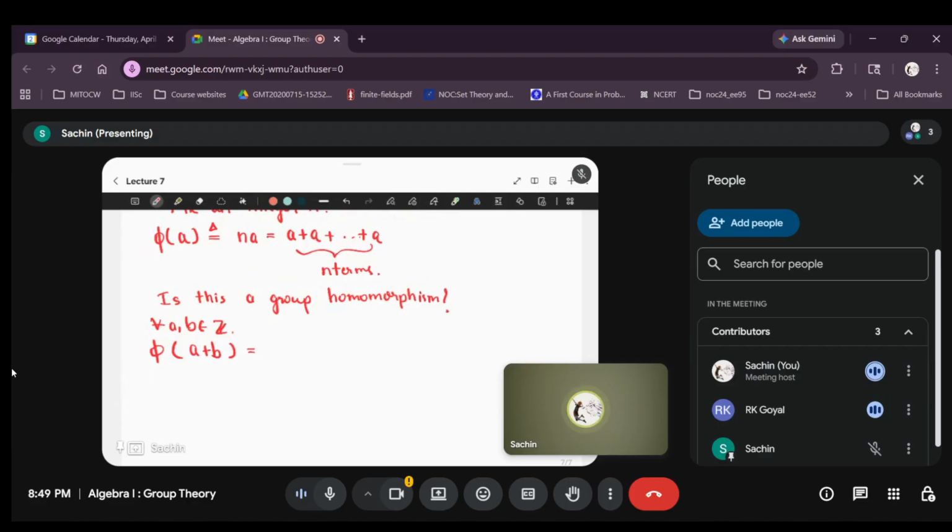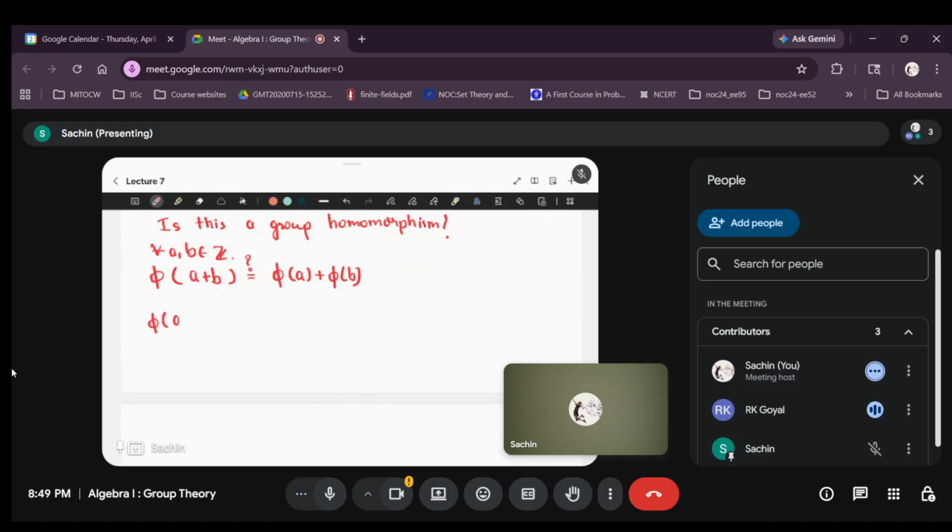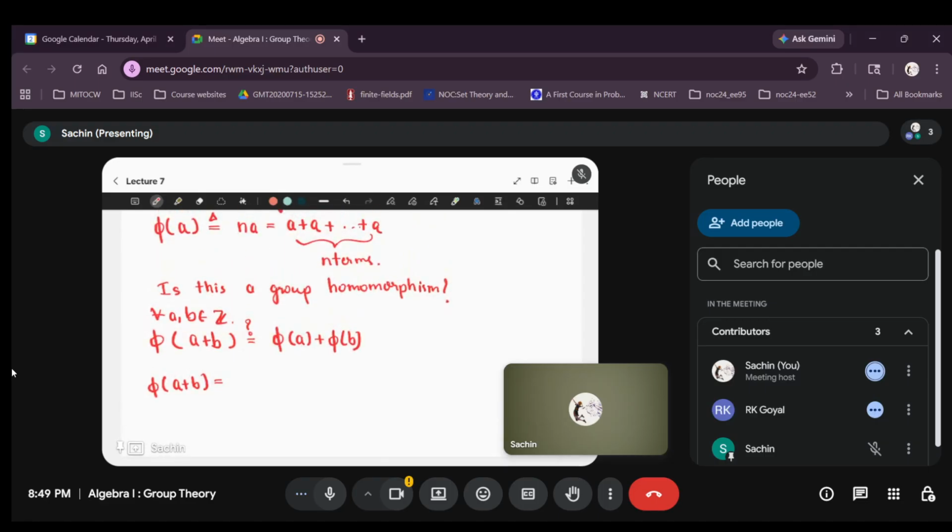And since the range is also integers, again with addition, we have to check whether this is equal to this.